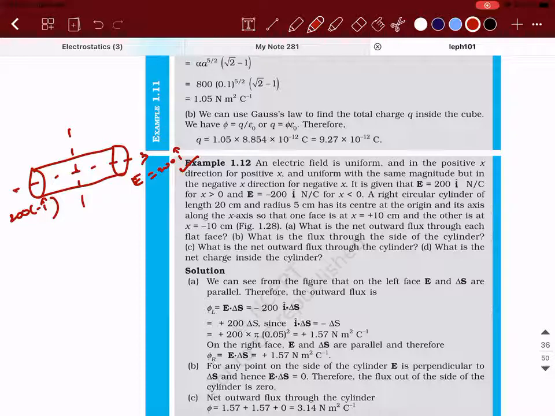Their faces are at x equal to plus 10 centimeter and minus 10 centimeter, so the total length put together is 20 centimeters, and its radius is 5 centimeters. Having all these points in mind, what is the net outward flux through each flat face? So where is the flat face?